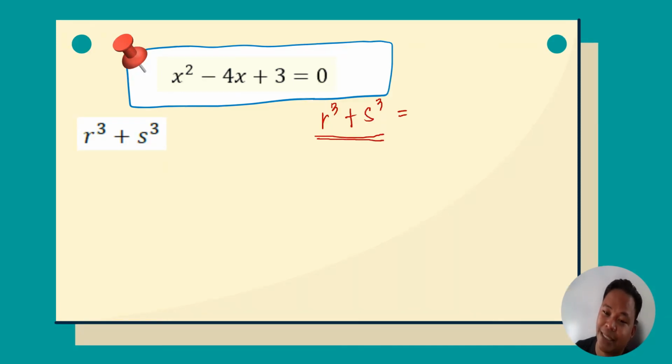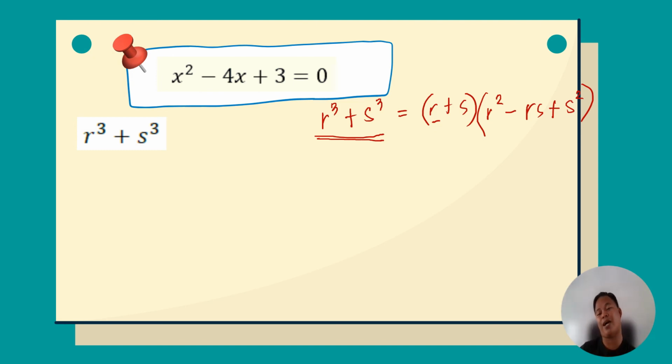This can be factored as r plus s, since the cube root of r cubed is r, the cube root of s cubed is s, and we copy the plus sign. Then the trinomial factor is the square of r, which is r squared, the product of r and s, rs. Since this is plus, the middle term of this trinomial factor is minus. And the third term is the square of s. So that is the factor of our r cubed plus s cubed.